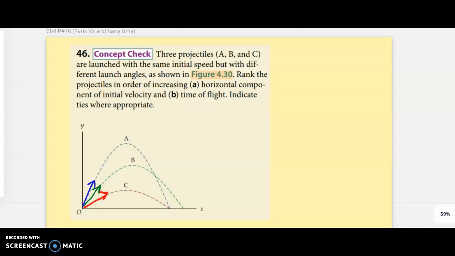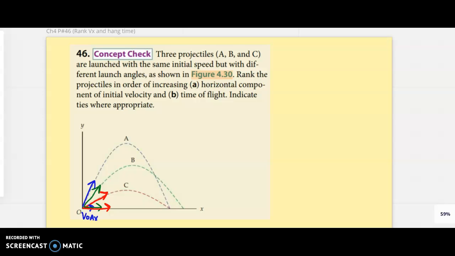Now you can see that even though they all have the same size, they don't all have the same size towards the right, which is the horizontal component of the initial velocity. A is only that big. There's V initial AX. B is this big, V initial BX, and C is the biggest, V initial CX.